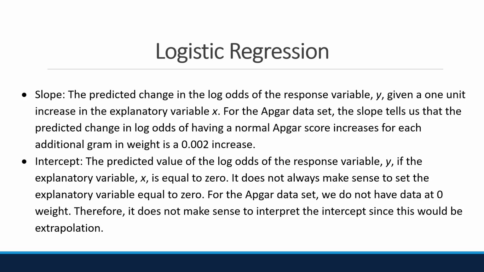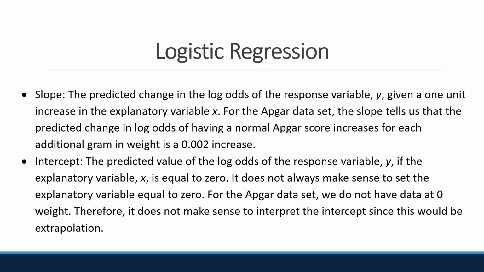Just like linear regression, the slope and the intercept of the logistic regression also hold valuable information for summarizing the variables. Each has its own interpretation. Slope: the predicted change in the log odds of the response variable y given a 1 unit increase in the explanatory variable x. For the APGAR dataset, the slope tells us that the predicted change in log odds of having a normal APGAR score for each additional gram of weight is a 0.002 increase.